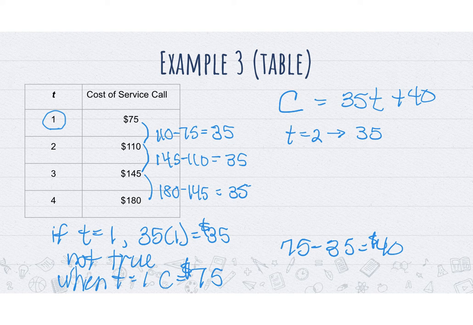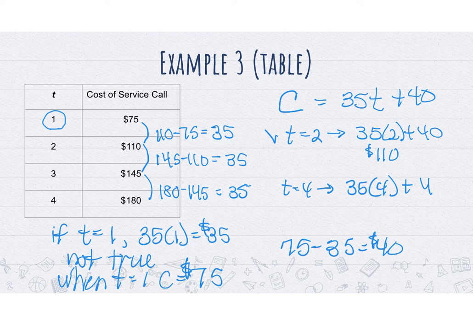So 35 times 2 plus 40 equals 110. So that's true. Let's try T equals 4 and see if it checks out. $35 times 4 hours plus 40, and that equals 180. So that is also true.